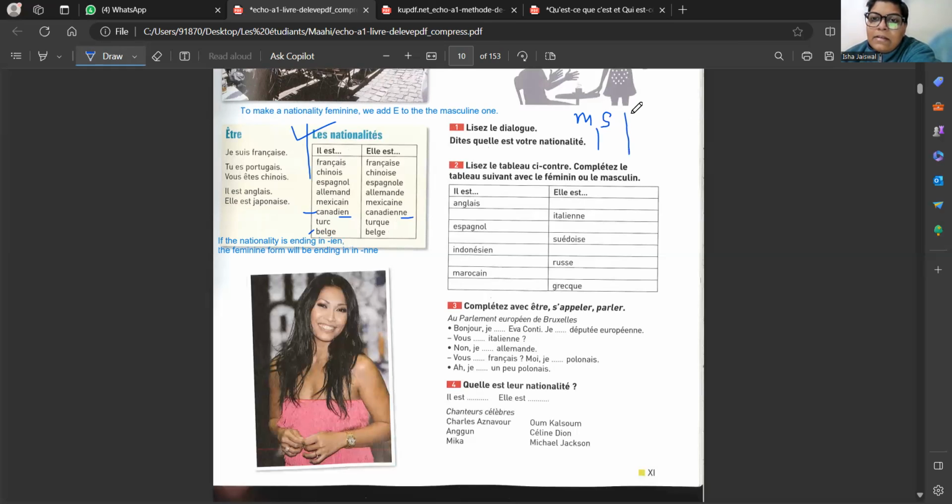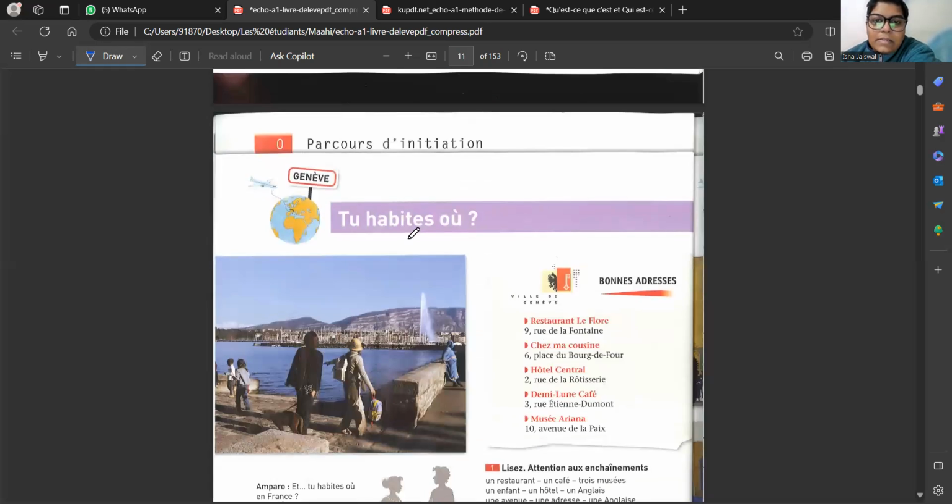Then a masculine plural form where s will be added to the masculine singular. Then a feminine singular form where only e will be added. Then a feminine plural form where es will be added, like feminine is there, then s will be added. So I'll give you a list of that, of nationalities.